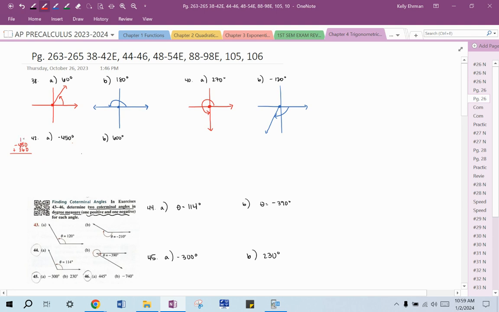So let's see, break out my skills here. 450 minus 360 is what, 90? Negative 90 degrees, right? So this is coterminal to negative 90 degrees. So when I sketch this, I have to show the correct number of rotations.